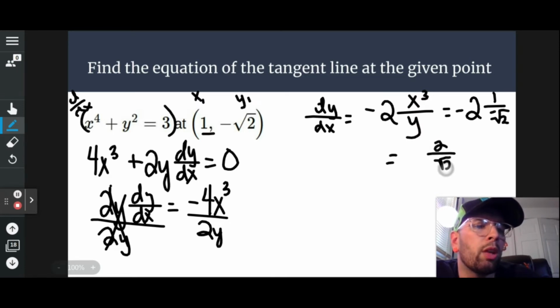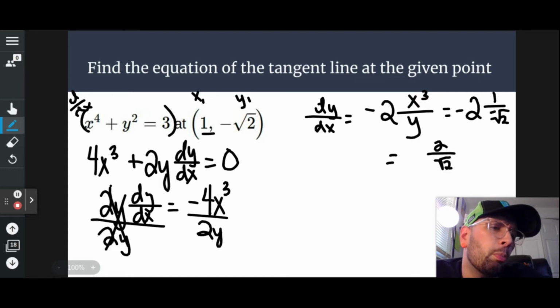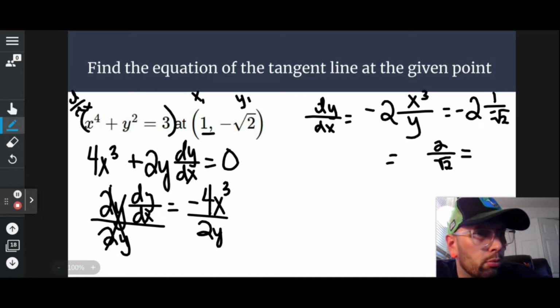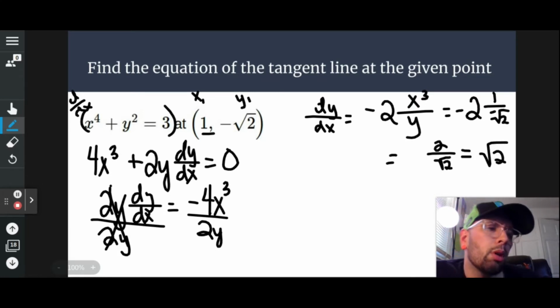Don't even think about trying to simplify. I mean, you could simplify that. If you multiply the top and the bottom by root 2, it would end up being just the square root of 2. Really? Yeah.